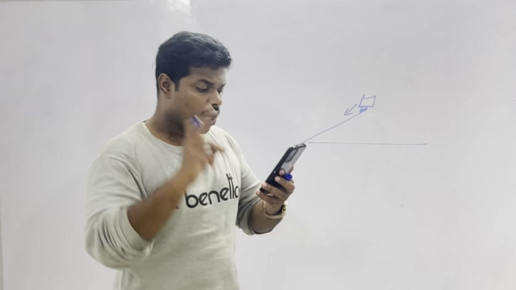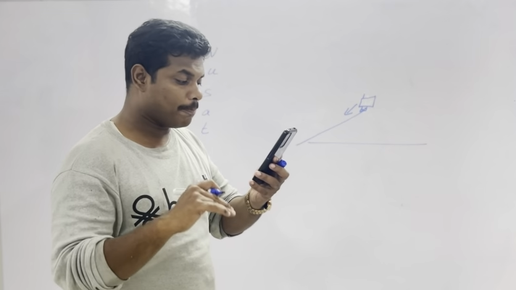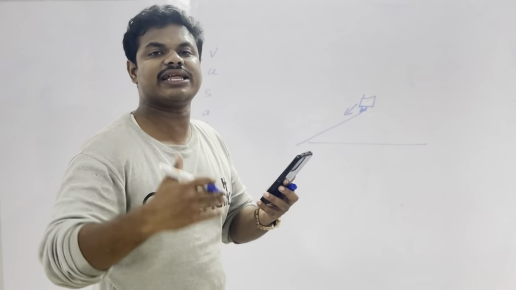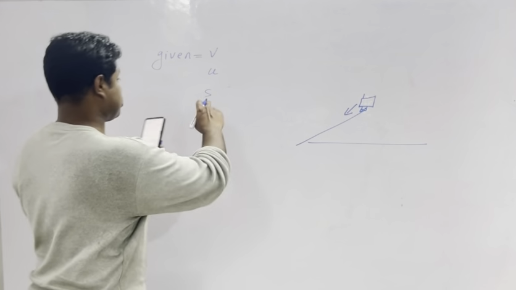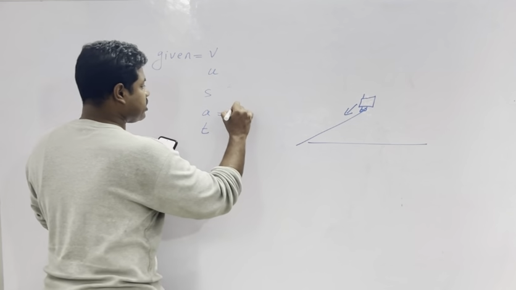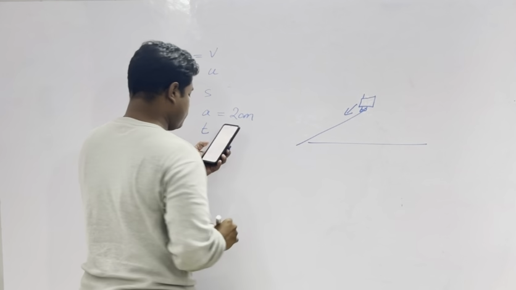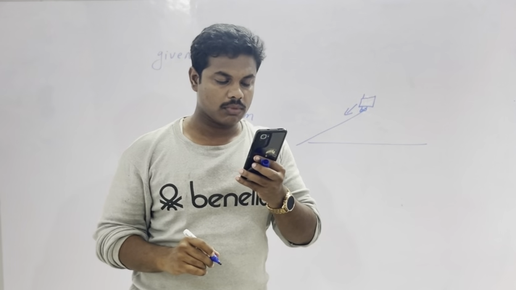It says, a trolley while going down on an inclined plane has acceleration. मतलब acceleration के बारे में बोला गया है, तो acceleration is A. The acceleration is 2 centimeters per second square.